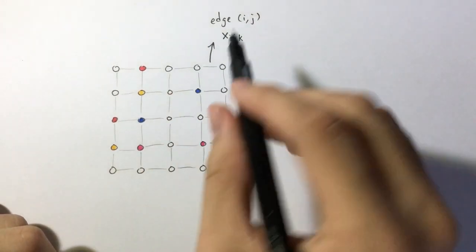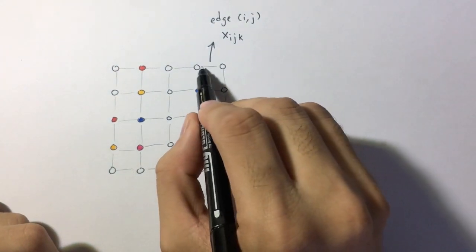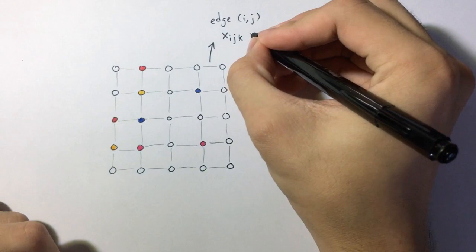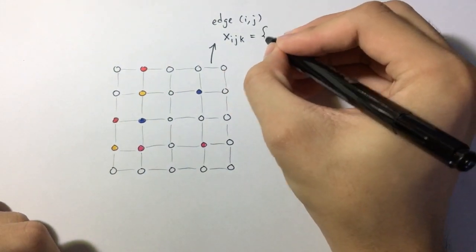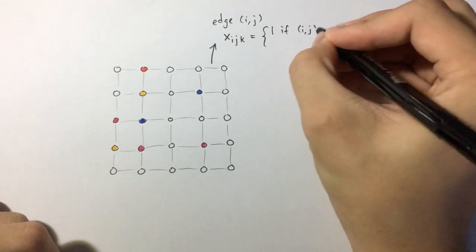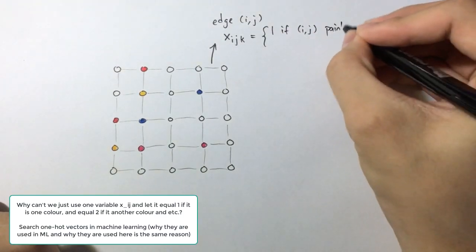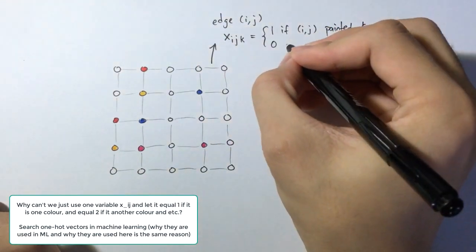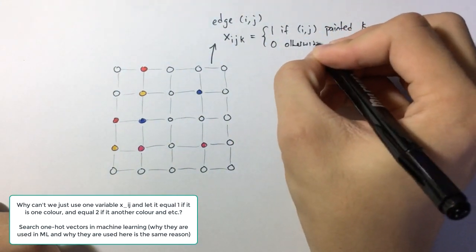The reason we have the k is so that we can also show what color we're going to paint the edge. The way I'm going to define this is that x_ijk will be 1 if the edge ij is painted color k, and 0 otherwise.